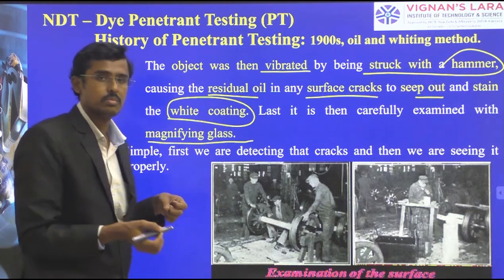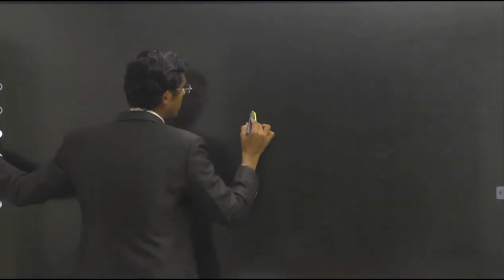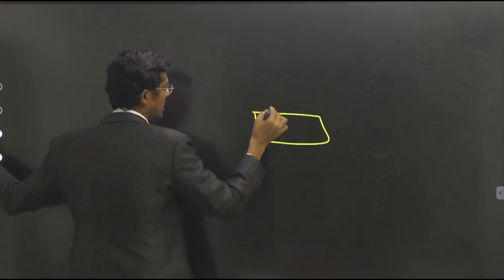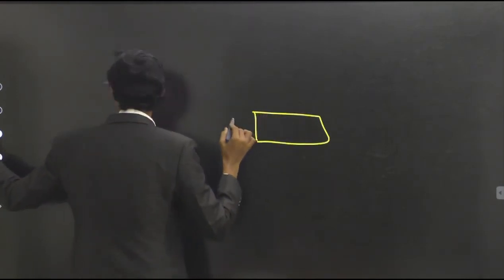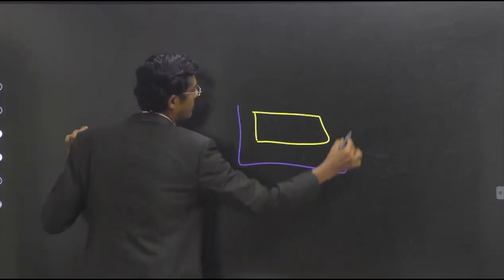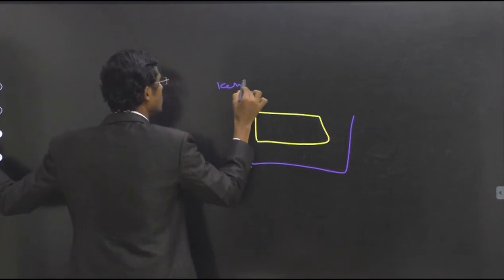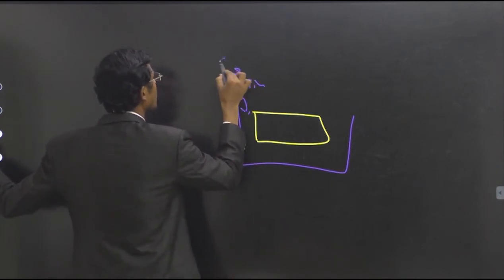So this is one of the steps they followed, the kerosene oil method. They have a sample and an oil tank filled with kerosene and oil.